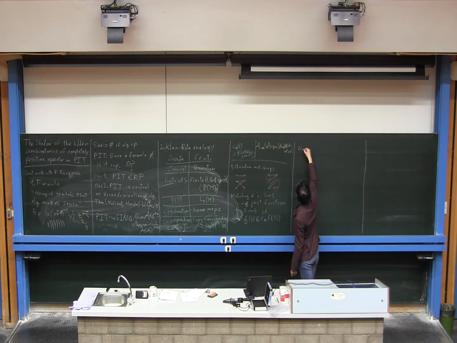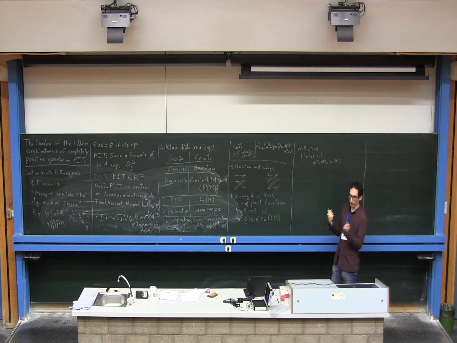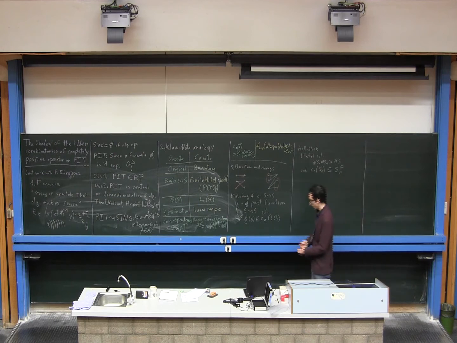And a hard block is a pair of subsets such that the two sets have more cardinality than the set that you are working in, and when you apply this, everything that can go to here is contained in the complement of S1. This is an idea going back to Bürgisser.